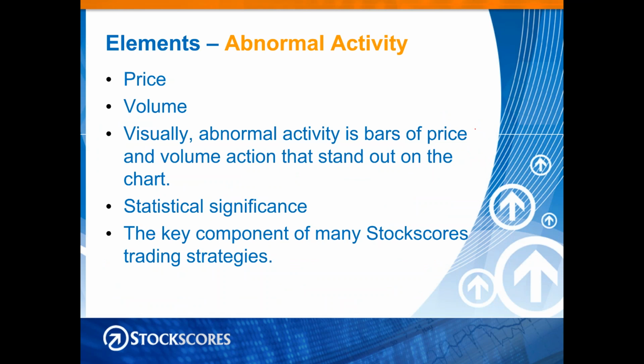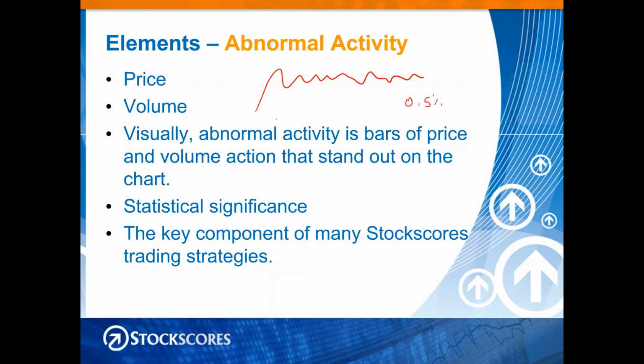Now our final element is abnormal activity. Abnormal activity occurs when price changes more than you would expect and the volume traded is higher than you would expect. So let's say Microsoft is kind of going like this. And it trades maybe up or down 0.5% in a day.